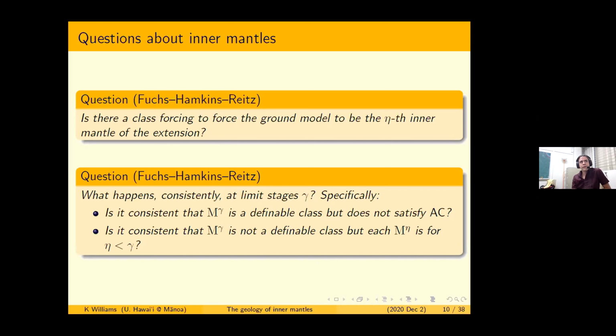All did important things, as did Harrington. I think I have the precise citations later. So it's basically just looking at the HOD case and asking, does that happen with the inner mantles? Okay, so I guess spoilers, I will talk about all three of these questions by the end of this talk.